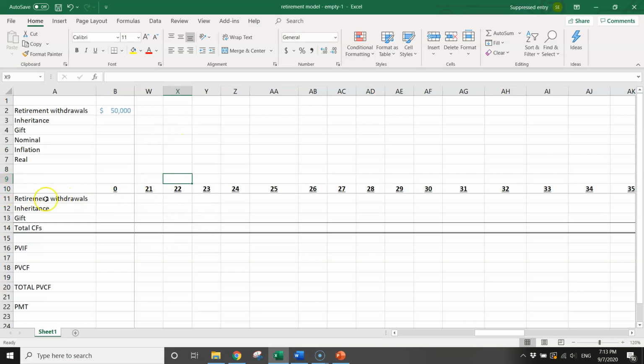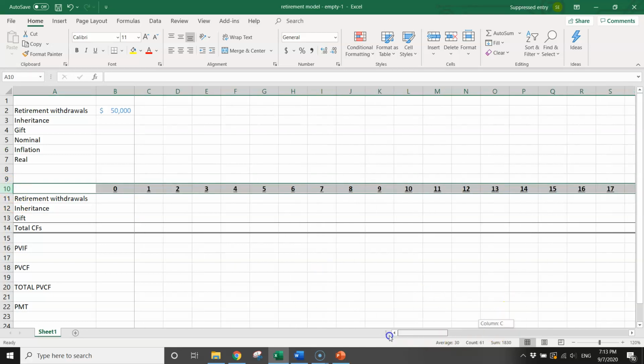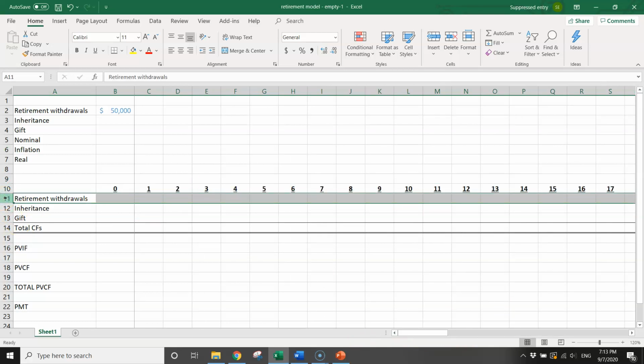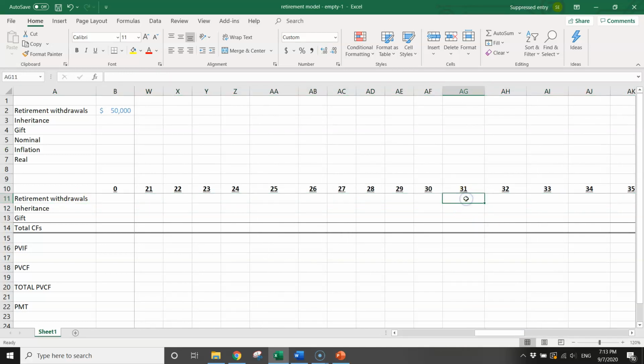Now I want to use this parameter to describe the stream of cash flow from these regular retirement withdrawals. In this Excel spreadsheet, the row 10 describes the time point of different years. The row 11 describes the cash flow of these regular retirement withdrawals. So starting from year 30, we will have this withdrawal of retirement account.